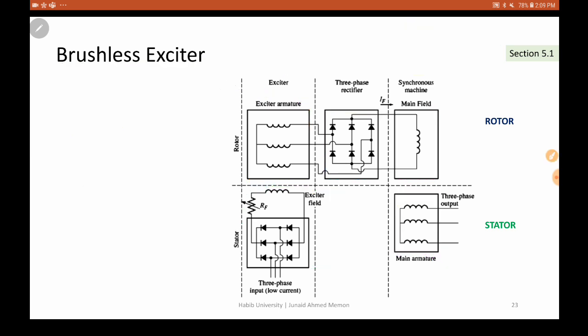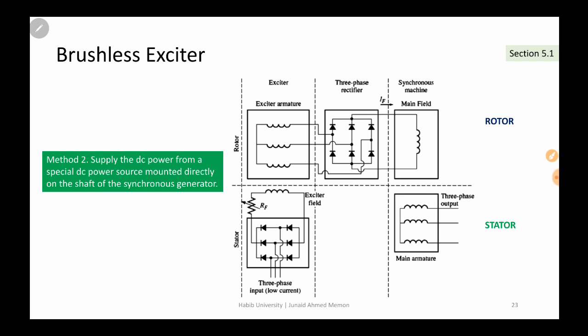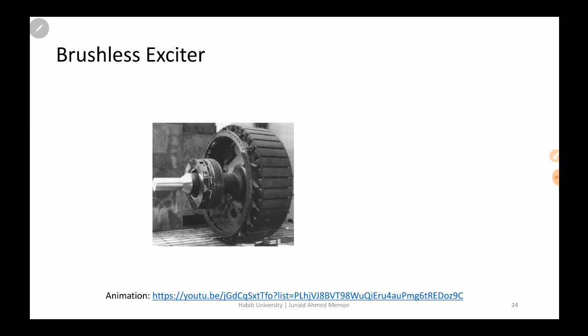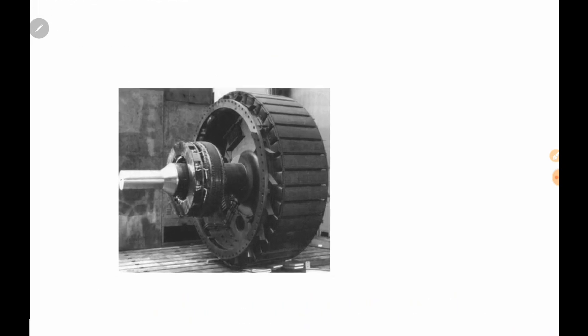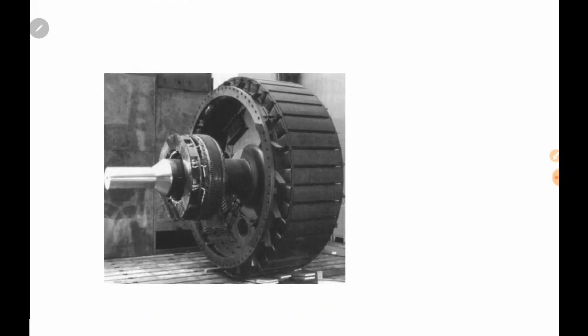Let's move ahead. So the second method is to supply the DC power from a special DC power source mounted directly on the shaft of the synchronous generator, which is the brushless exciter. I'll just show you a few pictures.